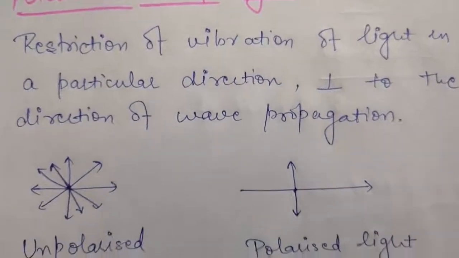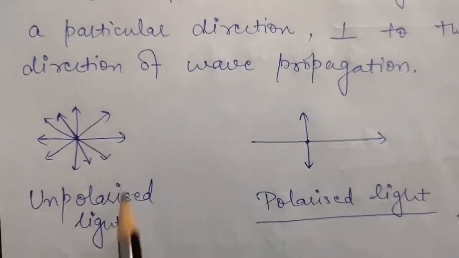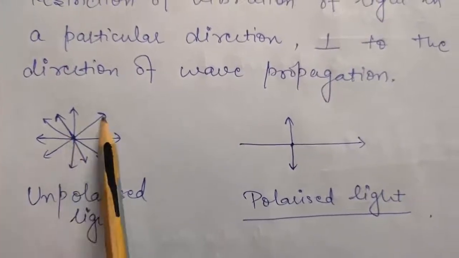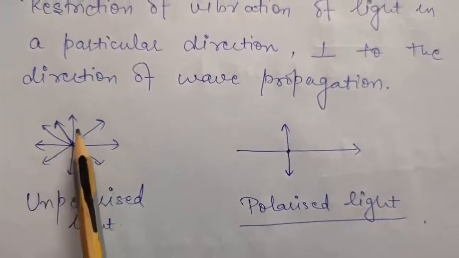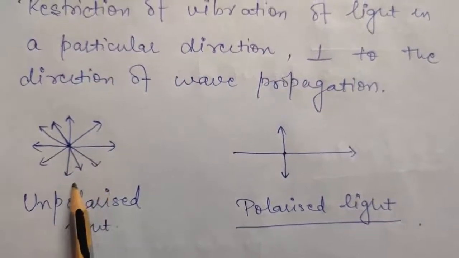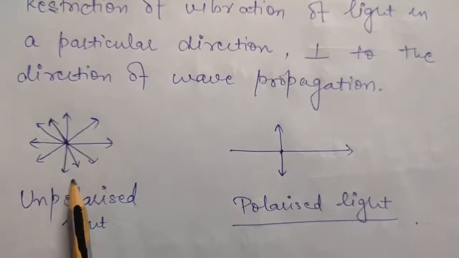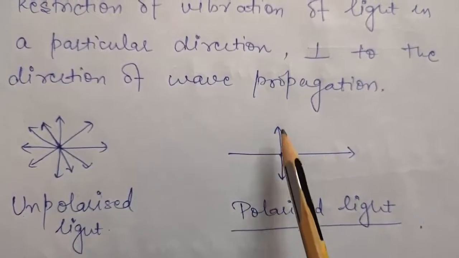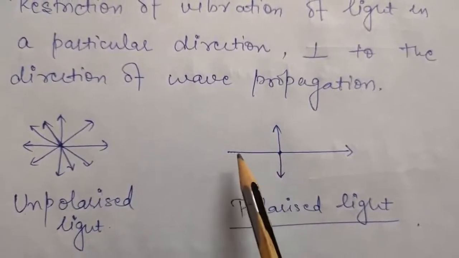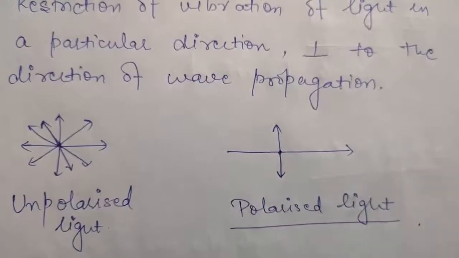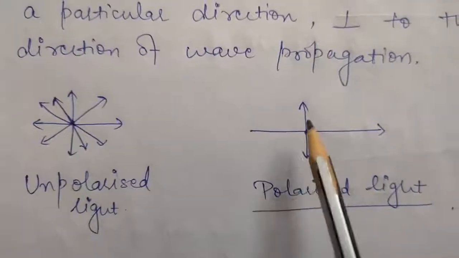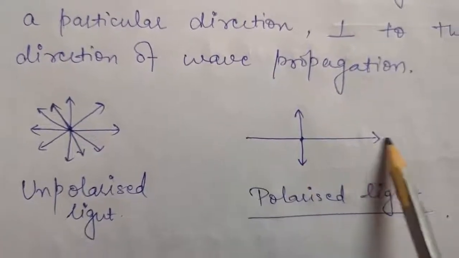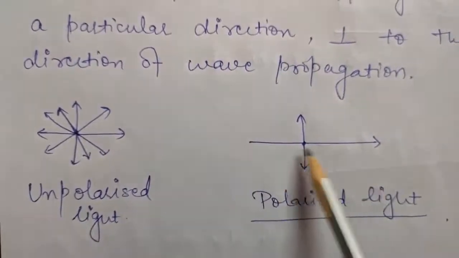For example, to make it more clear, this is called an unpolarized light because in this, light is vibrating, or you can say the electric vector is vibrating, in each and every possible direction. Now if we restrict these vibrations only to this direction, or you can say the z-axis, and let us suppose this light wave is traveling along the x-axis, then light is vibrating only in one direction which is perpendicular to the direction of propagation of the wave.